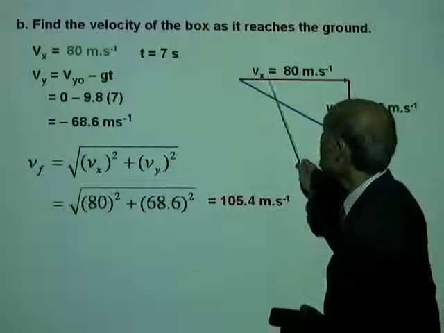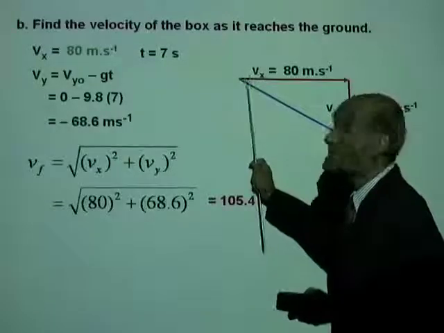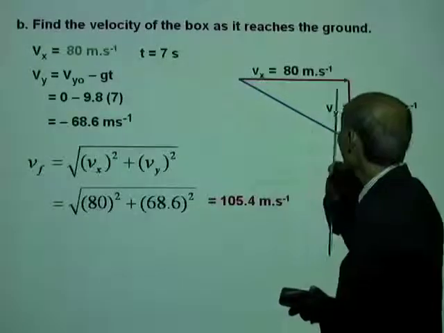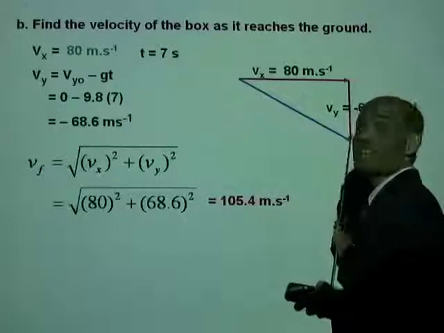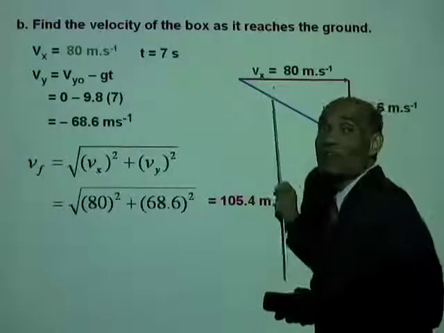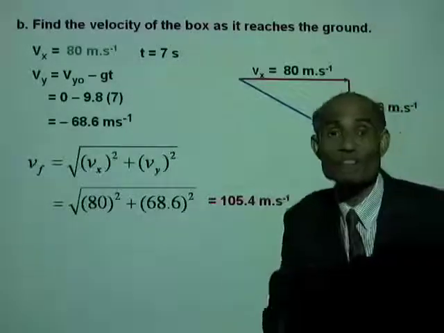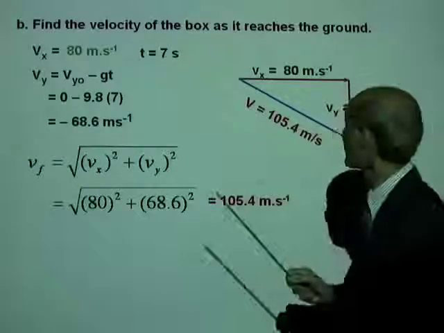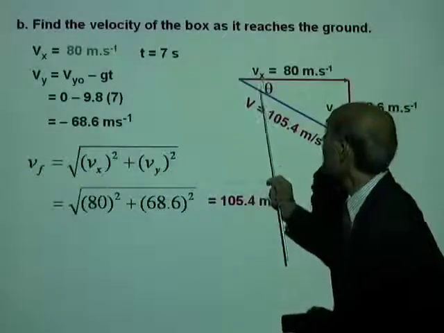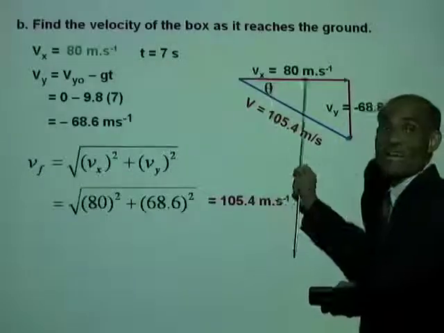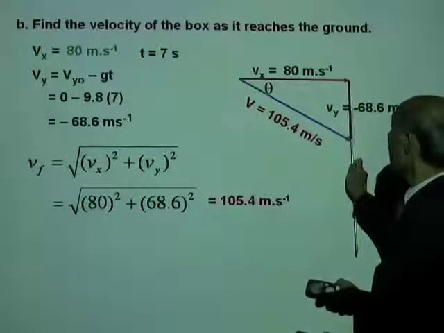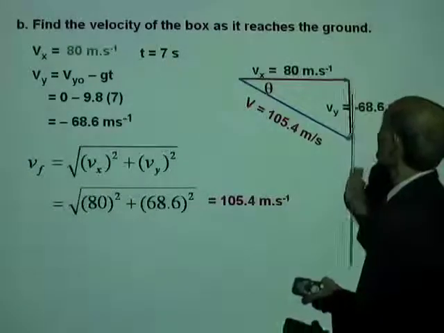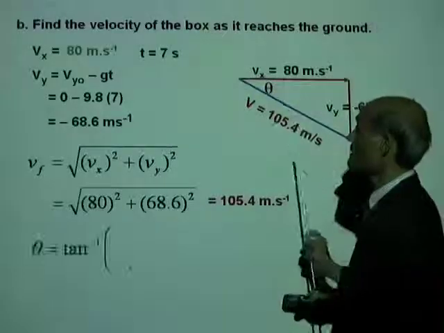We need to find this angle. You notice that the x is positive, y is negative, therefore the angle is a fourth quadrant angle. Is that right? So the angle theta is such that tan theta equals y over x, Vy divided by Vx.